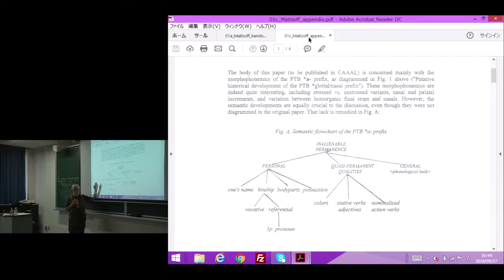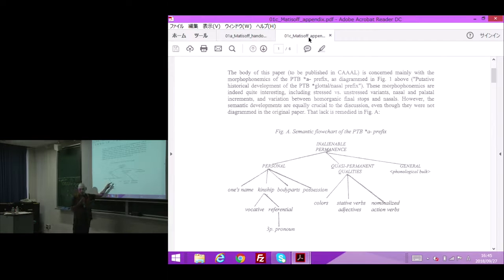Kinship terms, one's relatives are things you can't get rid of. They're inalienably possessed. So there are two kinds, there's both vocative and referential, and I think in many languages this a prefix is a marker, like in Chin languages, of the third person, and I think that ultimately comes from this kind of kinship use.